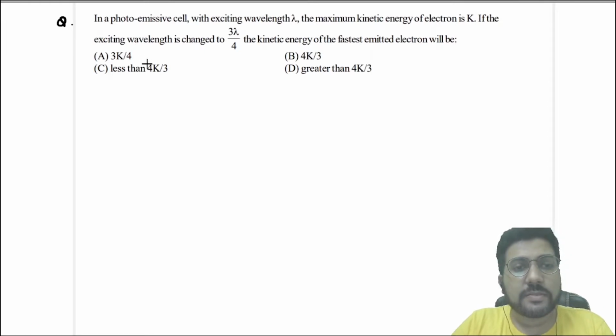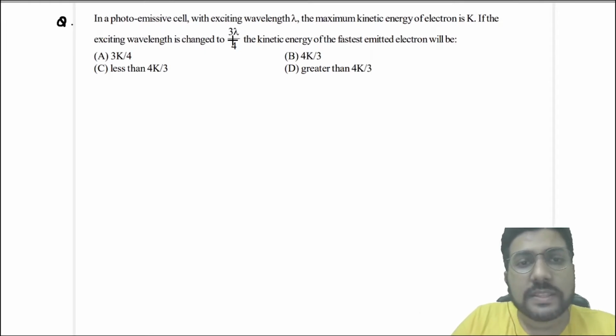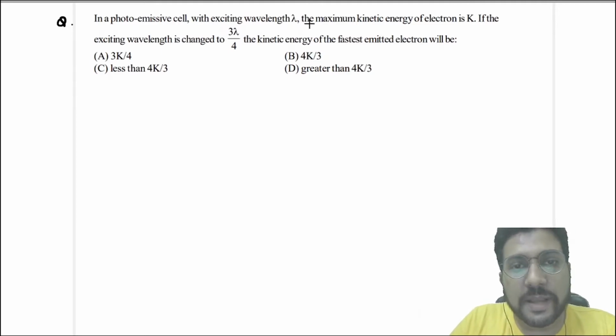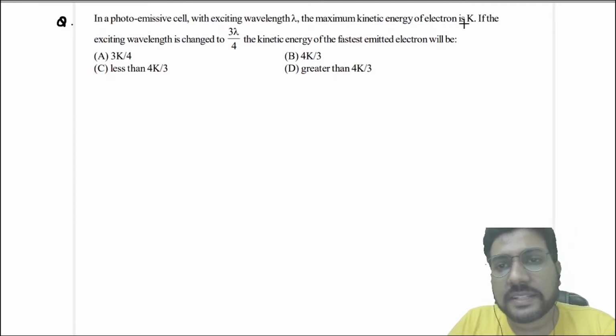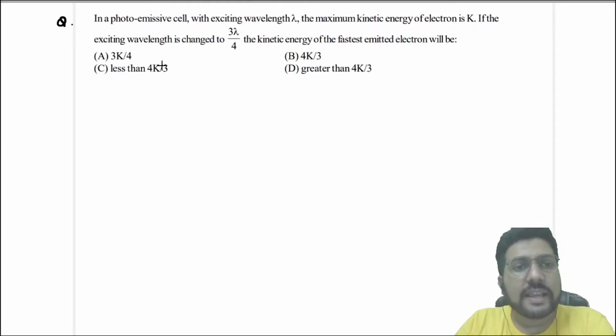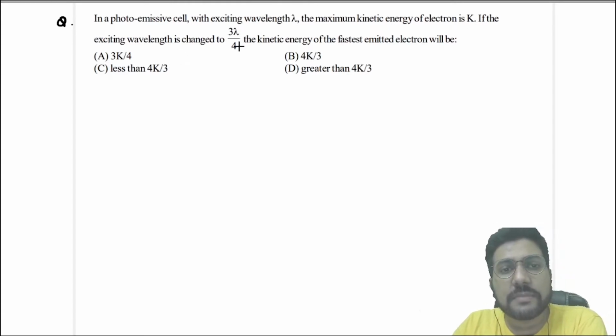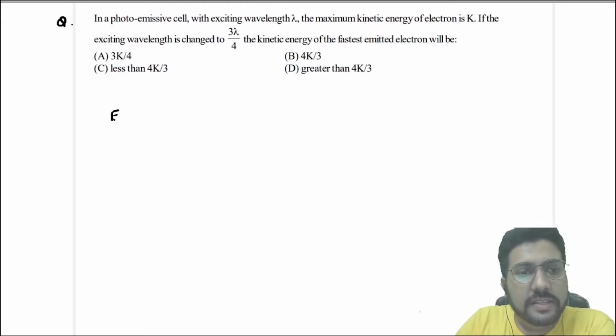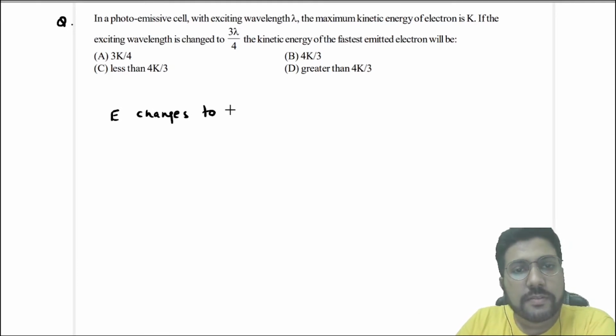Now, in this question, it is given that in a photoemissive cell with exciting wavelength lambda, the maximum kinetic energy is K. Now, if the exciting wavelength is changed to 3 lambda by 4, the energy changes to 4E by 3.